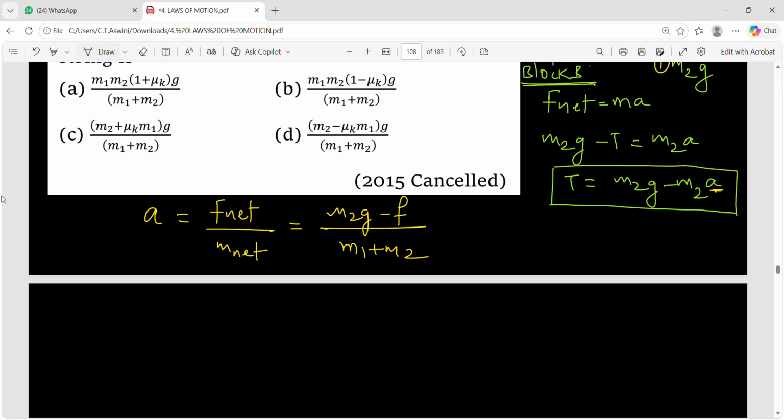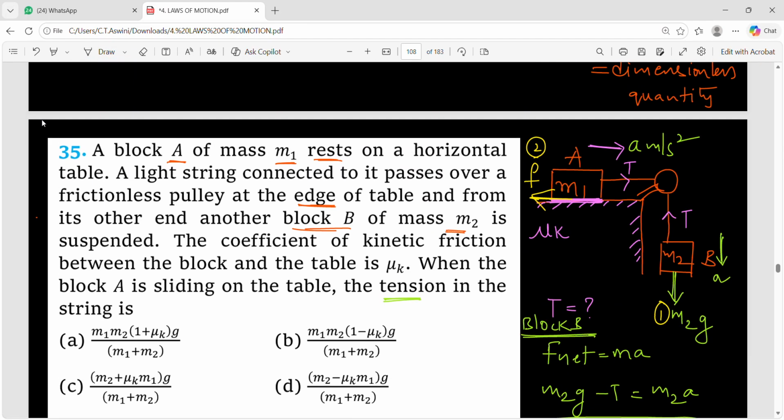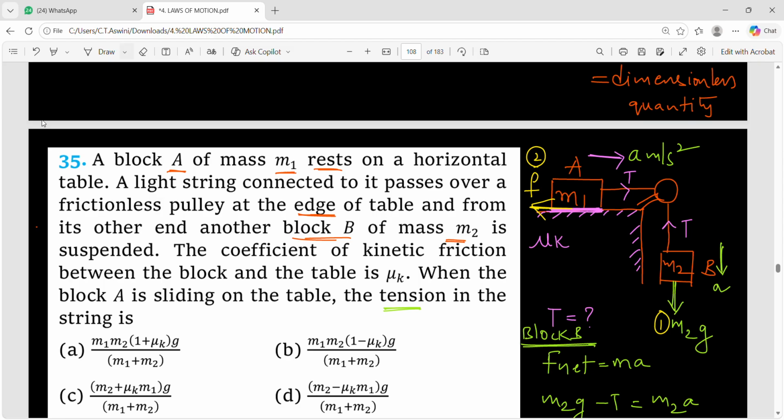Clear? How do you find the frictional force? See the diagram. Friction is nothing but, here the body is in motion, so it's a kinetic friction. So it is mu k into N. And what is N here?